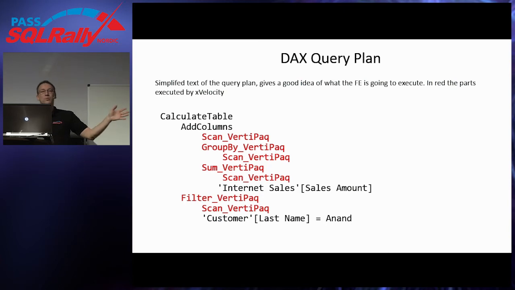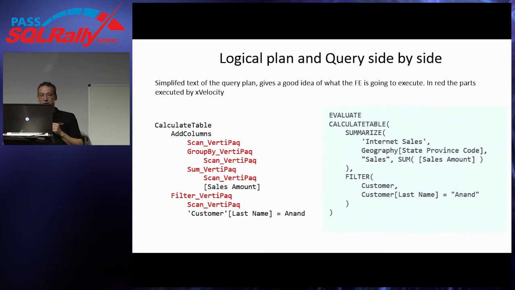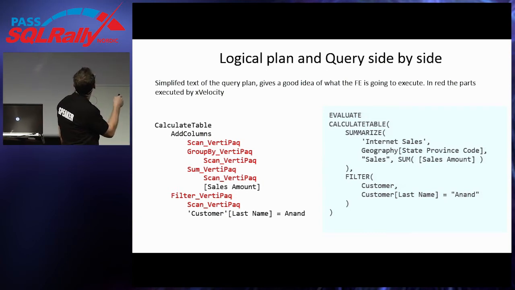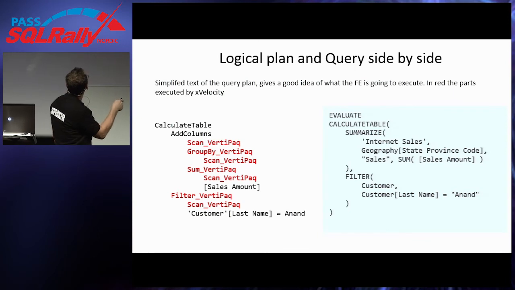As a rule of thumb, whenever you see Vertipaq, that means you are on the fast side of a query plan. Whenever you don't see Vertipaq, you have to worry about it. If you look at the query plan and the query side by side, you see that they are more or less the same query. We have scan Vertipaq, group by Vertipaq, where we have summarize and group by state province code.